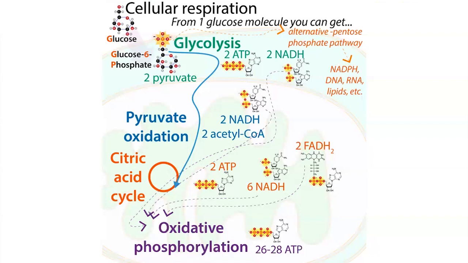Because if we want to do lipid synthesis, what do we start with? Basically, we have to get to acetyl-CoA. And then we can't get the acetyl-CoA out of the matrix, so we have to go out as... What do we take out of the matrix to make that? Citrate.